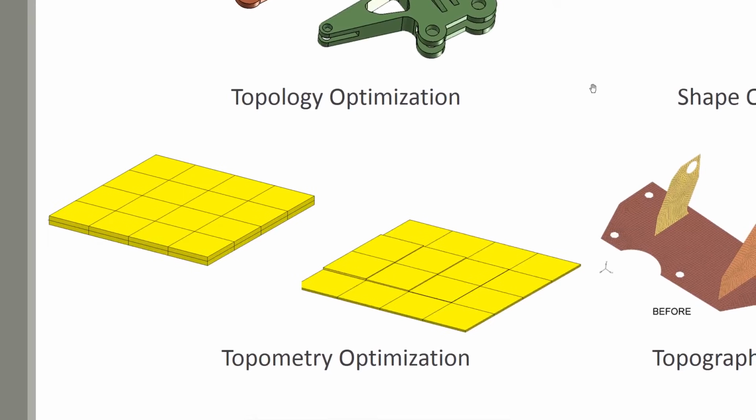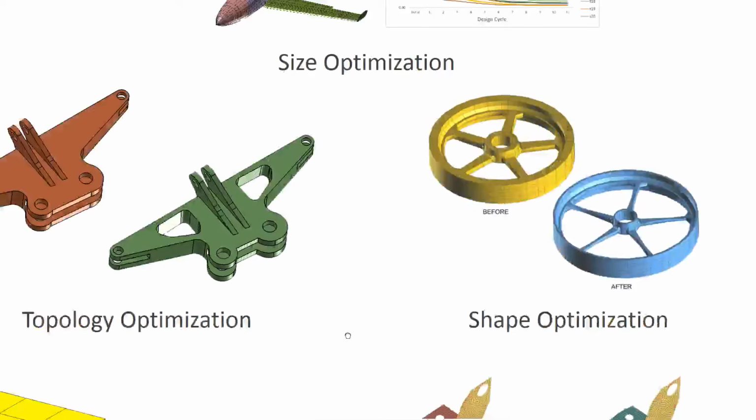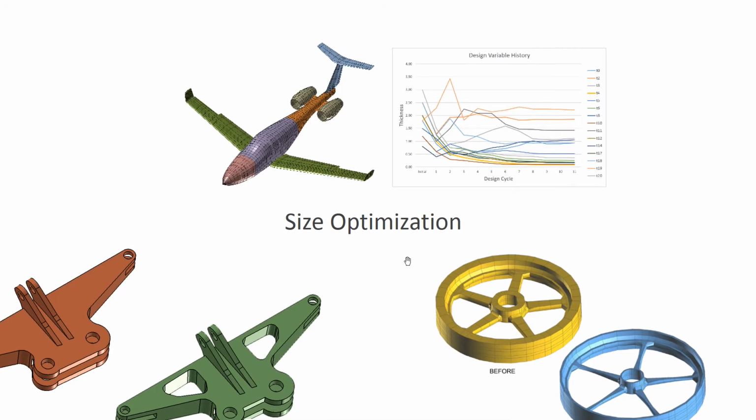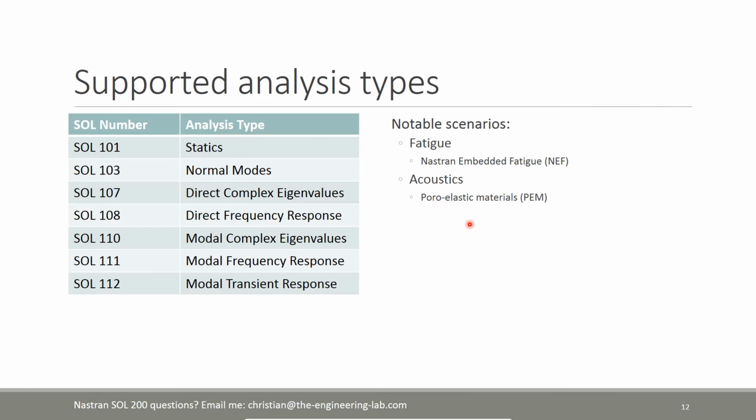There is topometry and topography optimization that are very different from size optimization. And again, size optimization is the process of setting a parameter as a design variable. And for the rest of the presentation, this is what I'll be focusing on. If you want more information on the other optimization types, again, you can email me. I'll definitely get back to you.